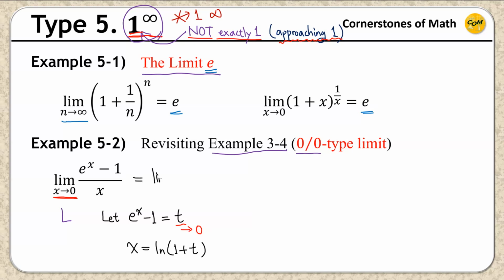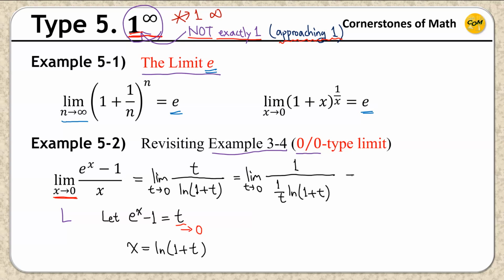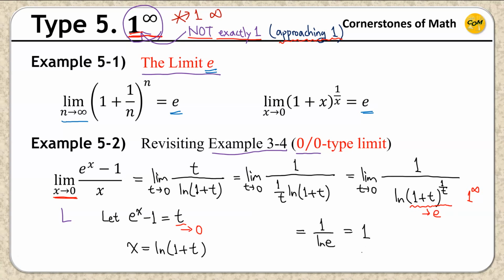Therefore, this is equal to the limit of t approaching 0, t divided by ln 1 plus t, which gives 1 divided by 1 over t times ln 1 plus t, which equals 1 divided by ln 1 plus t to the power of 1 over t, and this part right here is in 1 to the power of infinity form, which converges to e. Therefore, the value of this limit is 1 over ln e, which is 1.